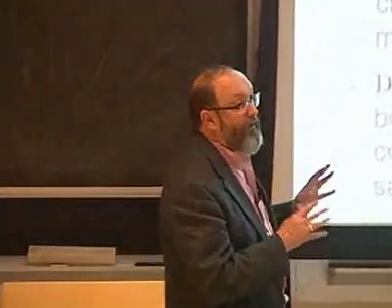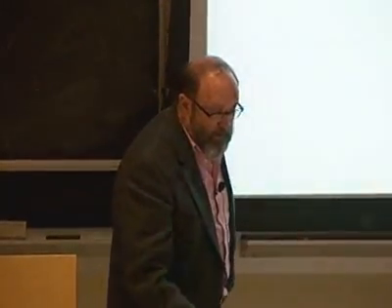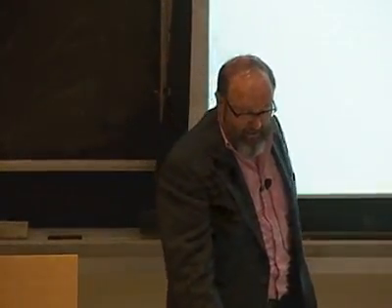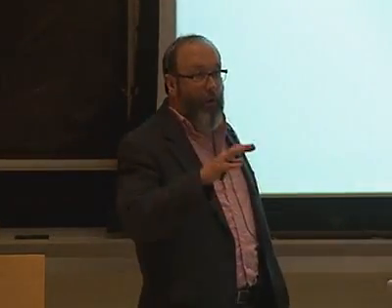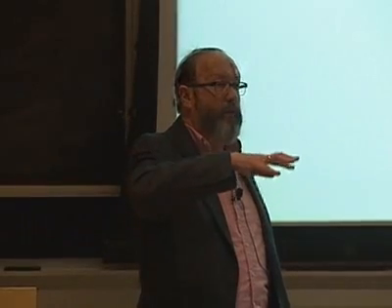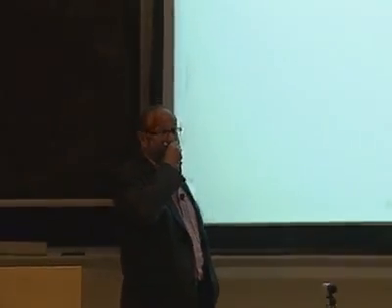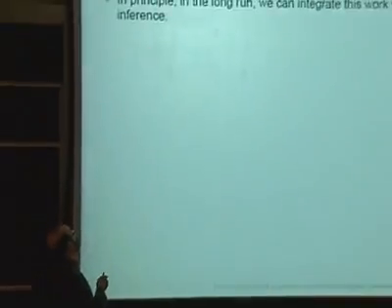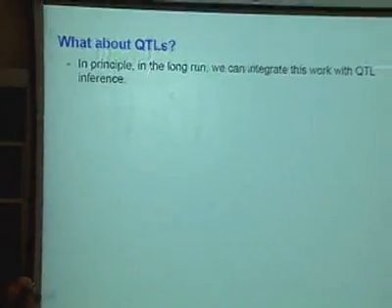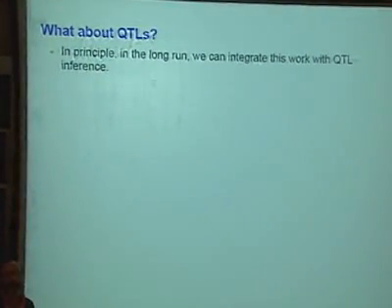But there's a couple of warnings that I have to give. Oh, I have to say that in the future, all of these kinds of data are also going to get involved with work on QTLs. Now, we're not there yet. We're very far from it. But people will be trying to infer quantitative trait loci within individual species by genetic experimentation.